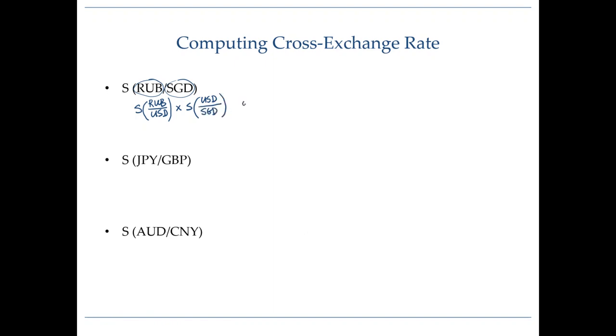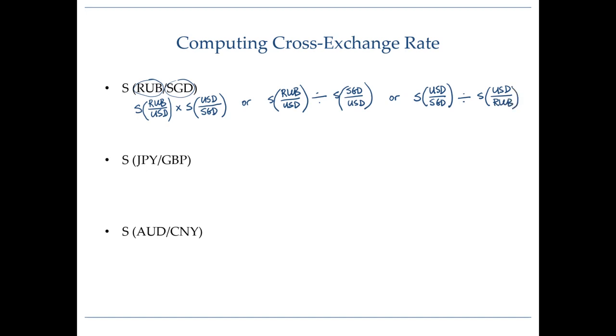Or we could use the indirect quote for the Russian ruble and divide it by the indirect quote for the Singapore dollar. Or a third option is to use two direct quotes, taking the direct quote for the Singapore dollar and dividing it by the direct quote for the Russian ruble. We could use either of these methods.